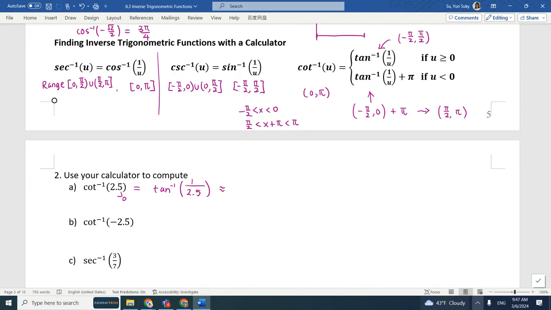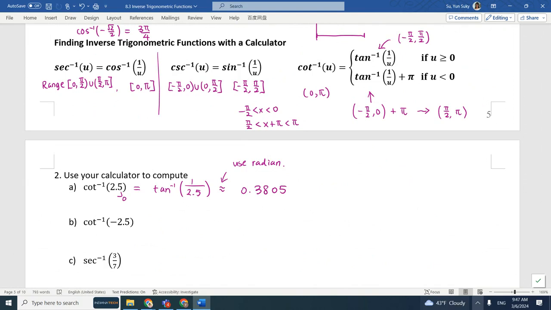Put this number in your calculator, to 4 decimal places. And please make sure you use radian mode. So use radian mode, and what do you get? Do you all have the same answer? Yes, so this is how you use your calculator. Just look at whether it's positive or negative, and determine which formula to use.